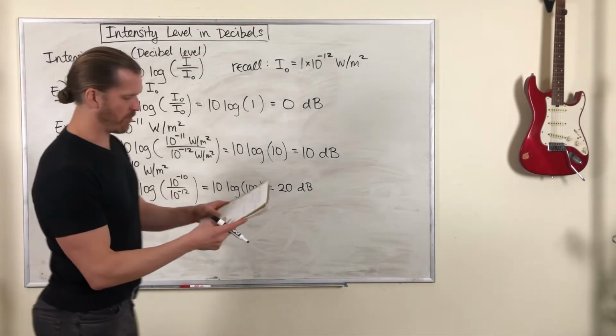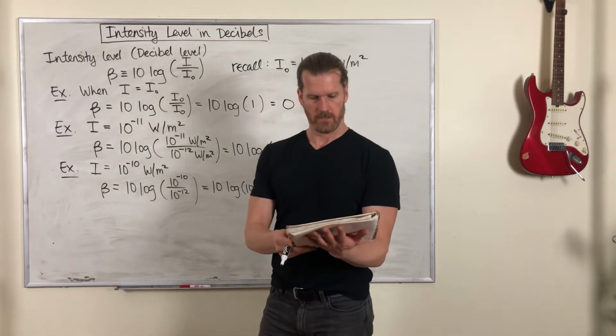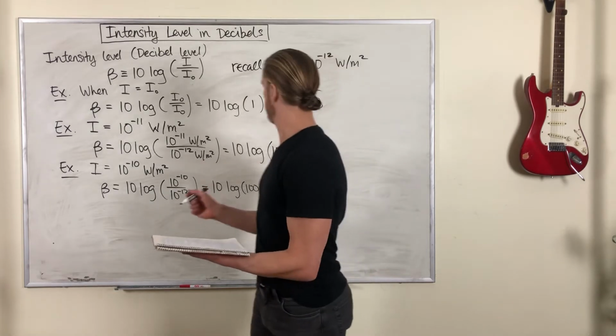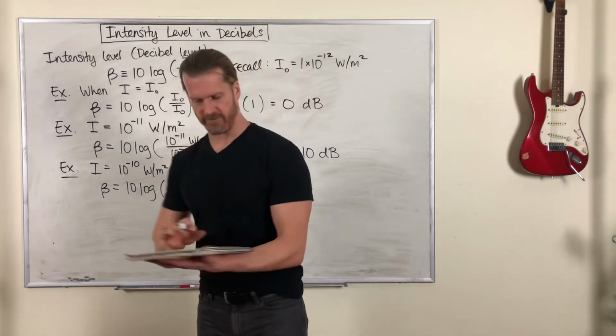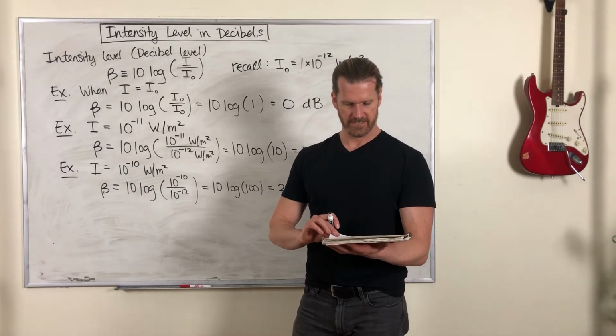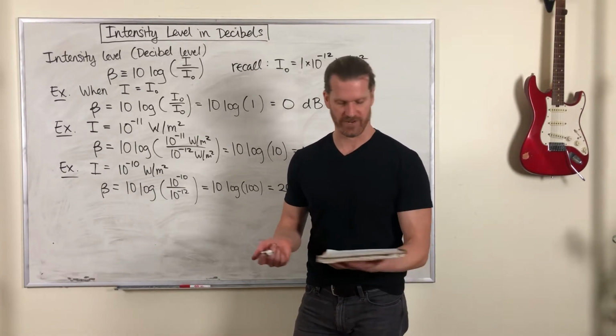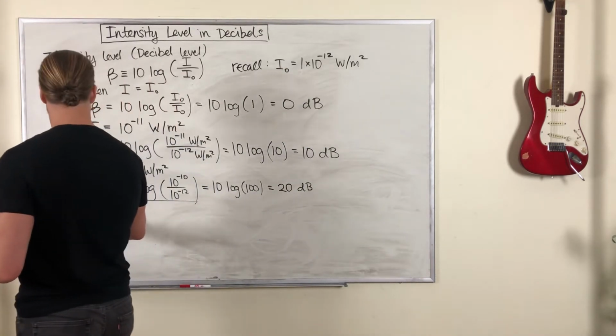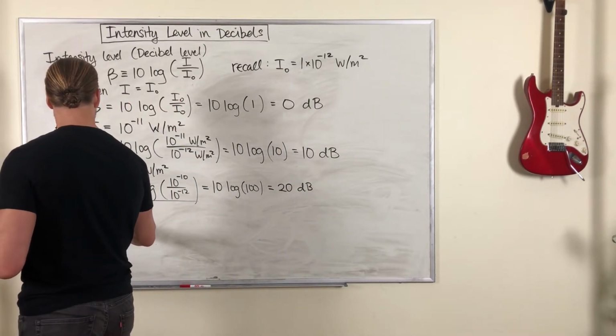All right, now I want to do an example from the textbook. Before I do that, let me write down a few decibel levels for some common situations. 50 decibels.